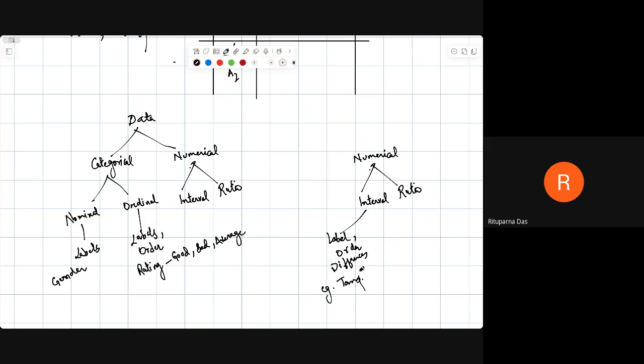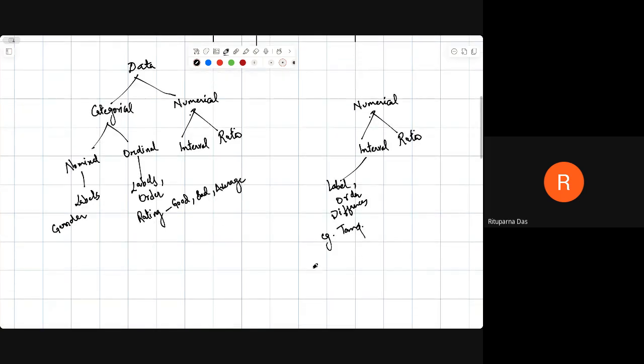You can say temperature is high, temperature is low. You can take differences between two temperatures, but absolute zero for temperature is just a number. You can't take absolute zero for it, it has no meaning actually. So when you say 20 degrees Celsius, 40 degrees Celsius, it's not really double the temperature, although the number feels like that.